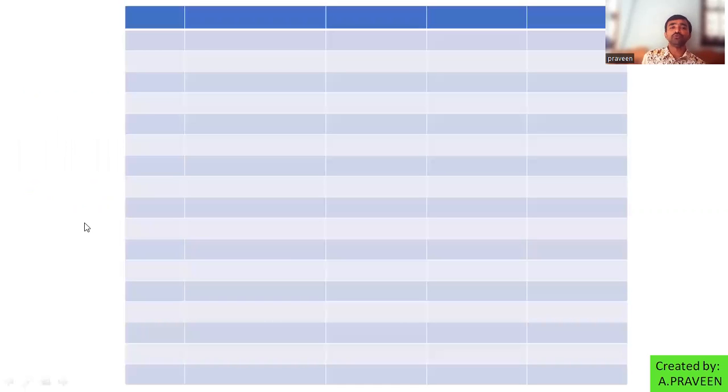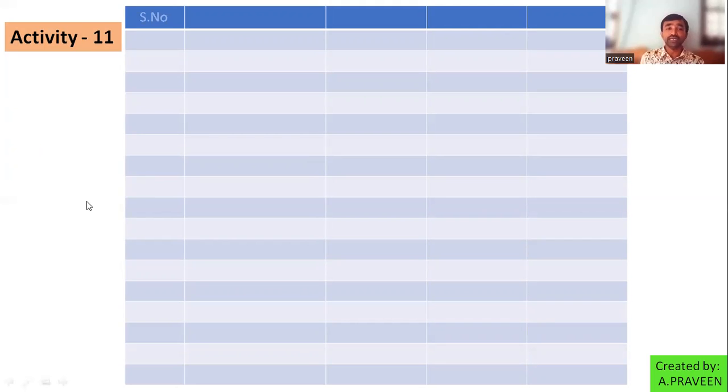Now we'll move to activity 11, to find out the pH value of different substances. How do you find the pH value? Using the universal indicator, yellow paper. In this activity you have the columns: serial number, solution name, and pH paper color.